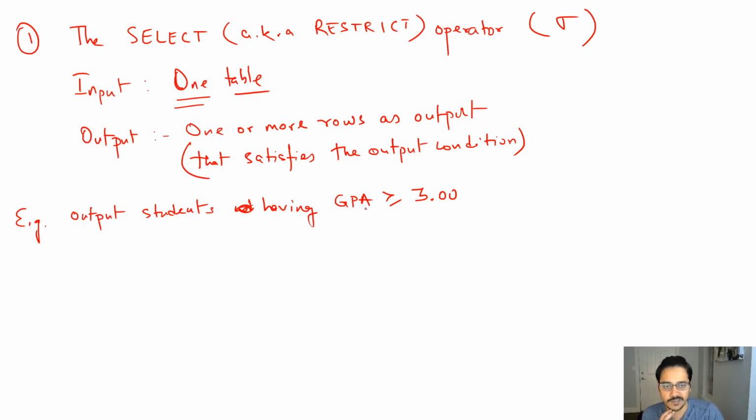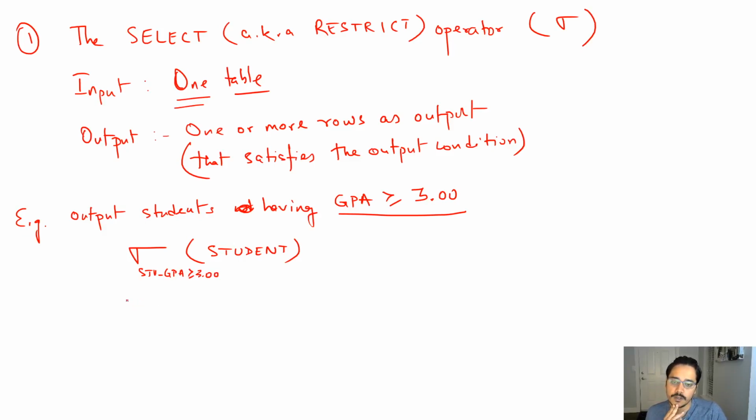So if you want to express this using the relational operator in the relational algebra form, then we would like the relational notation of the select operator followed by the input, which is going to be the table. So that is going to be the name of the table. So our name of the table is student. And then we have a restriction or a condition here. So that is written as a subscript to the relational operator. So we will have to write in the subscript student GPA greater than or equals to 3.0.